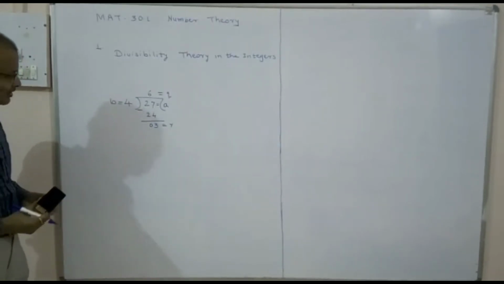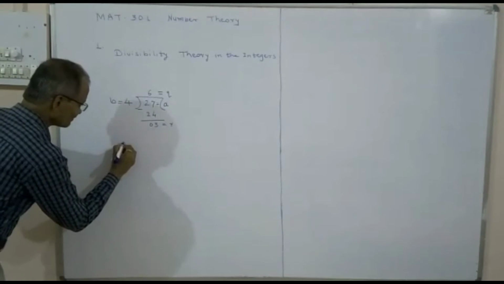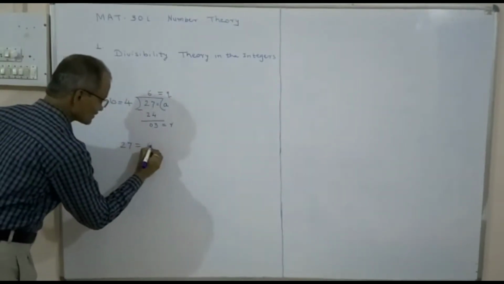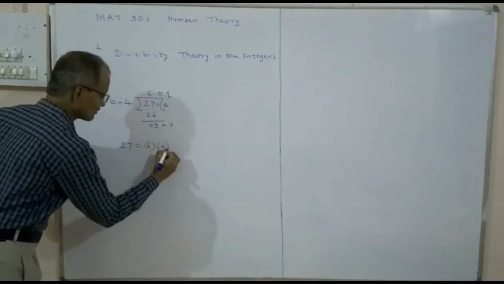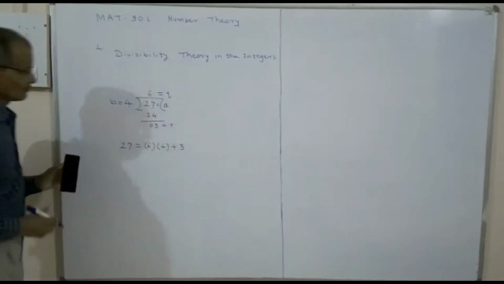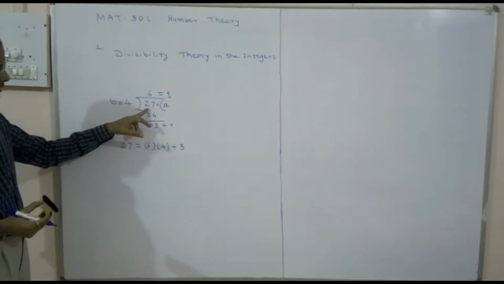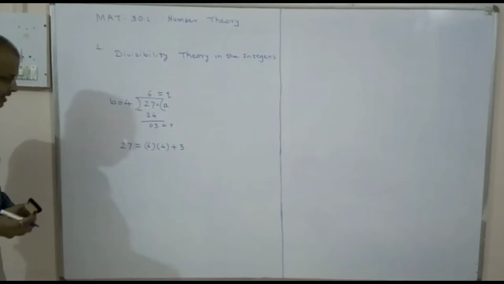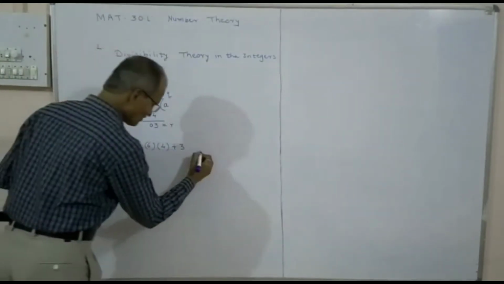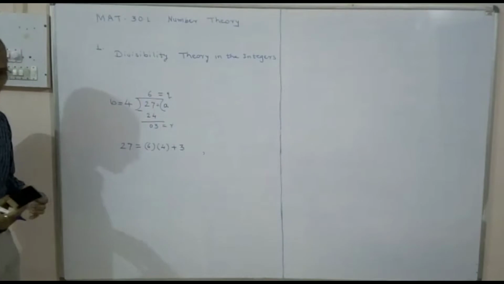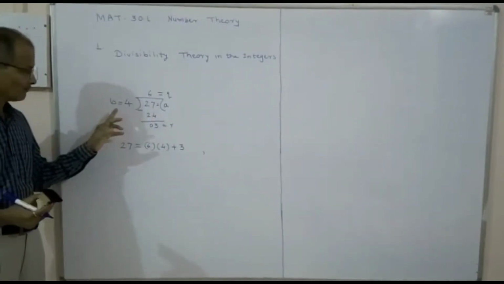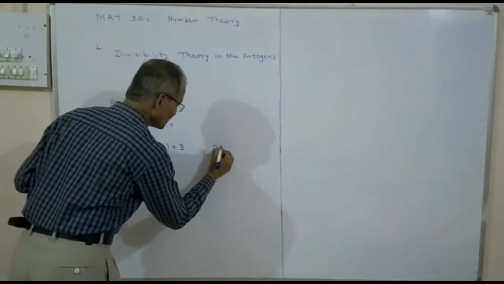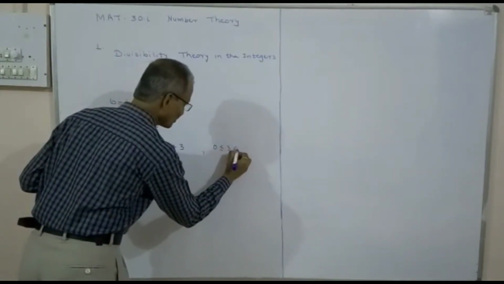Now this can be written as 27 is equal to 6 into 4 plus 3. Now you can check it. The property of this remainder is that the remainder is either 0 or less than the divisor 4. So that means this 3 lies between 0 and 4.